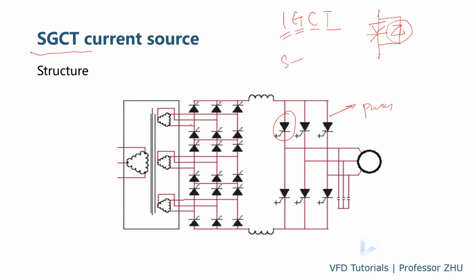And on the rectifier side, typically SCR is also used, or sometimes people will also use SGCT as a rectifier on the line side. So for SCR, you can have this topology like an eight-pulse. You have two sets of rectifiers, and each secondary has a 20-degree phase shift, and you have an 18-pulse rectifier.